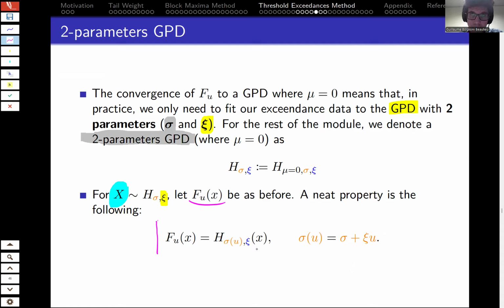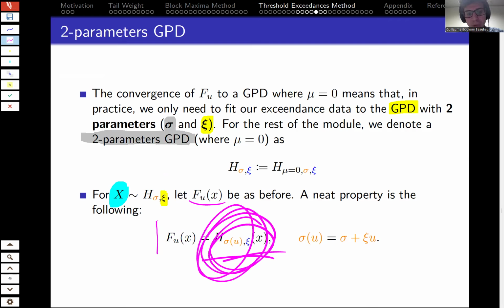What does this mean in words? If a distribution is already GPD, 2-parameter GPD, then exceedances are exactly 2-parameter GPD as well. You don't need any asymptotic result. Here, U doesn't need to be large. If X is already 2-parameter GPD, then exceedances over any threshold, again, U doesn't need to be big, will be exactly GPD.